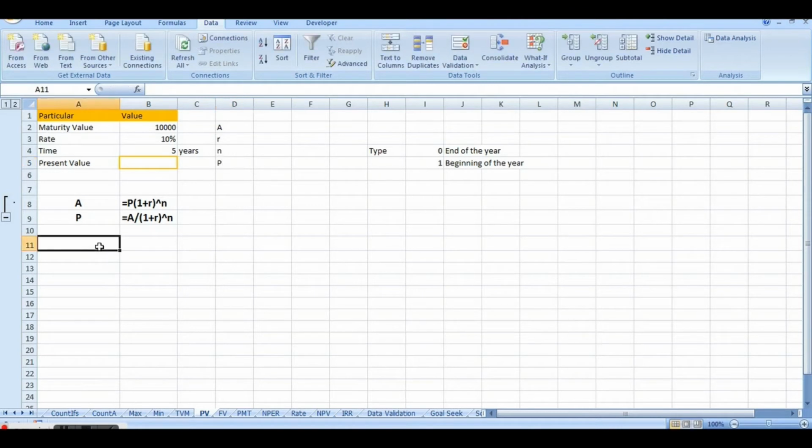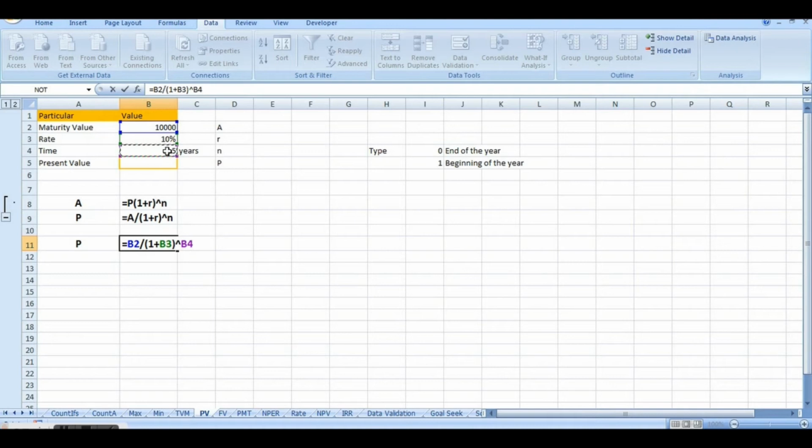So we'll now put the things into the formula. P is equal to A, that is 10,000, divided by (1 plus R), R is rate of interest, that is 10%, bracket complete, power of, that is given as shift 6, N. N here is number of years, that is 5.